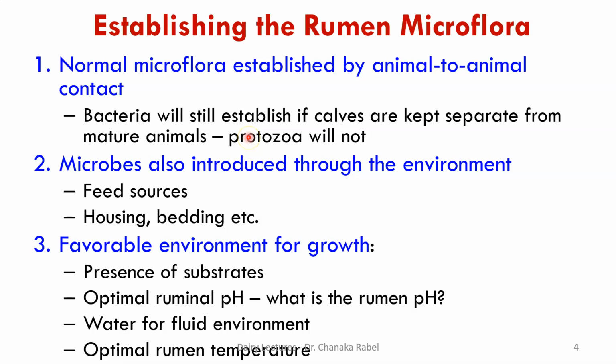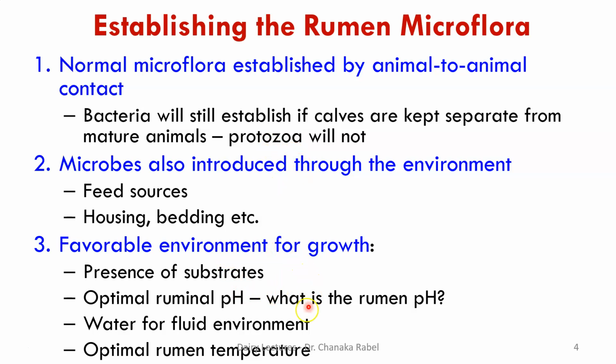Initially, animal to animal contact is very limited. You have not done housing yet, but initially we keep them in individual pens. So microbes can get introduced through animal to animal contact and from the environment, like I said: feed sources, housing, bedding, utensils, etc.